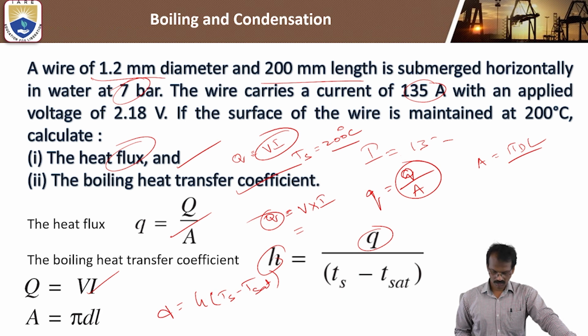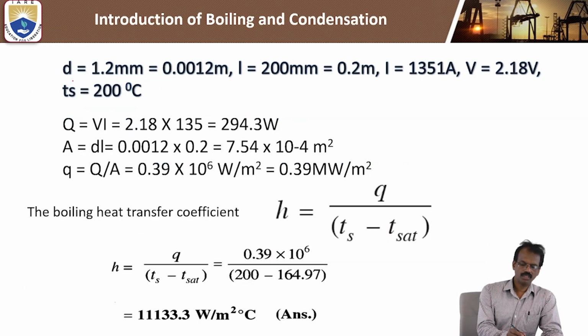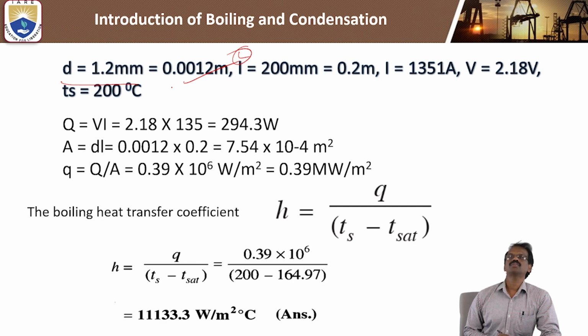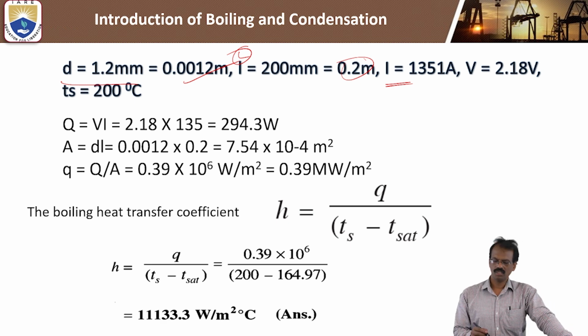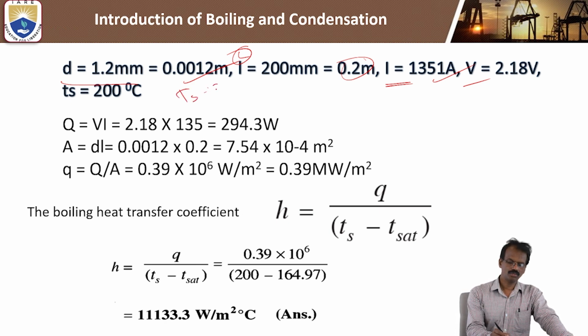First of all, the diameter value is 1.2 mm, converted into meters. The length of the wire is 0.2 meters, the current value is 135 amperes, the voltage value is 2.18 volts, and the surface temperature Ts is equal to 200.